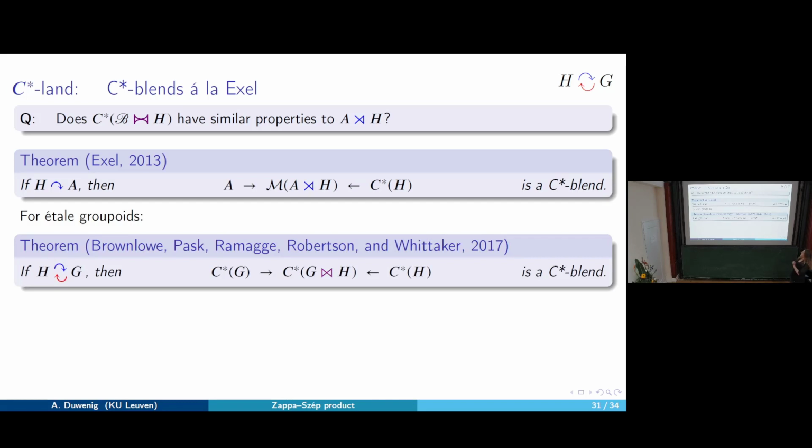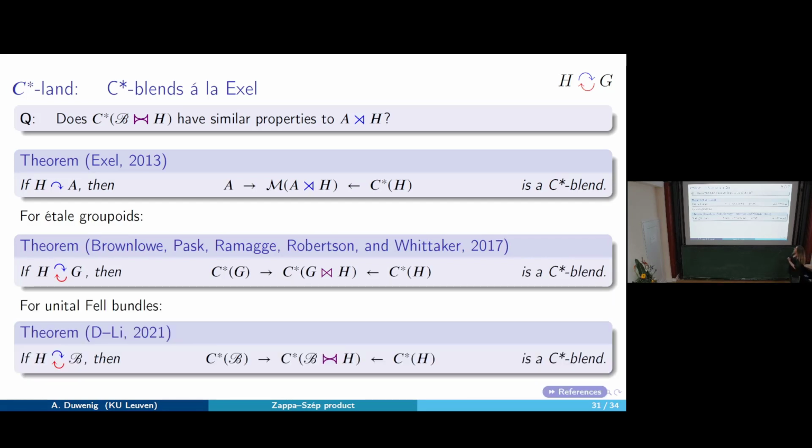I hope I got that right. And then we checked that at least when your unit fiber is a unital C-star algebra, you have the exact same type of statement. So if you are in the setting where the Zappa-Szép product makes sense, then it is a C-star blend of the Fell bundle C-star algebra and the groupoid C-star algebra.